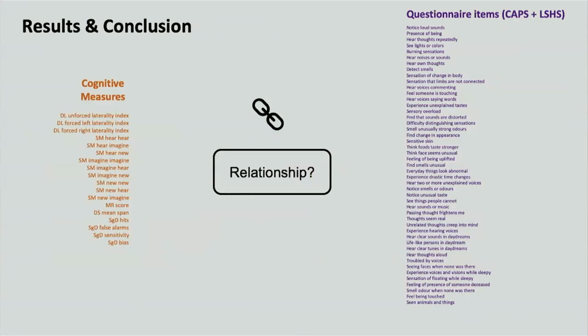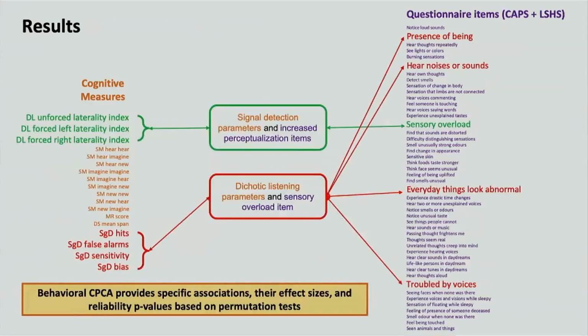What we are doing instead is a multivariate analysis, and what our analysis gives is this fine level association between the cognitive measures and the questionnaire items. As you can see, each individual item is associated with other individual items in the other set of variables.